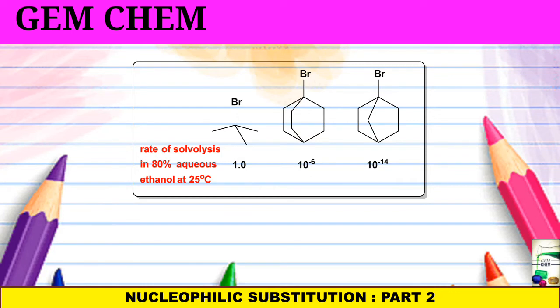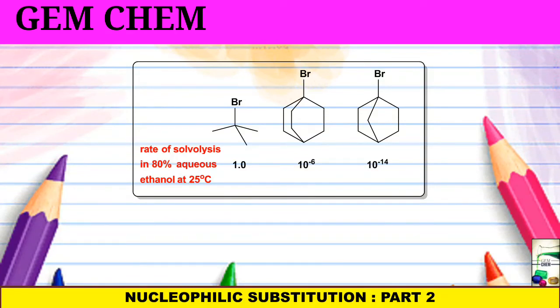Again, if we consider SN1, as it happens in tertiary butyl bromide, it is also inhibited in these last two compounds because the carbocation intermediates are higher in energy and are formed very slowly.